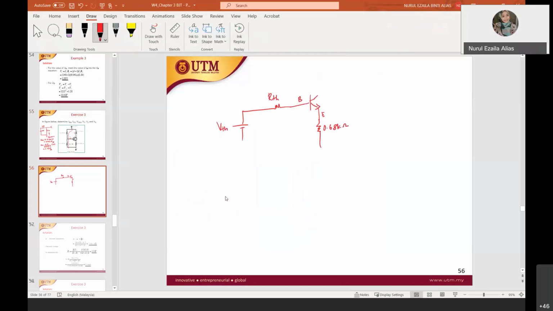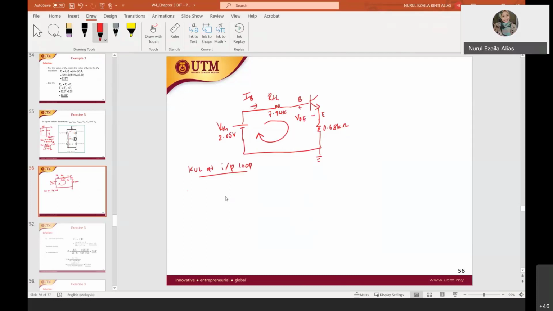R Thevenin just now is 7.94K, V Thevenin is 2.05 volt, like this to the ground. Don't forget to put the notation VBE. And then you have IB. This is your KVL at the input loop.